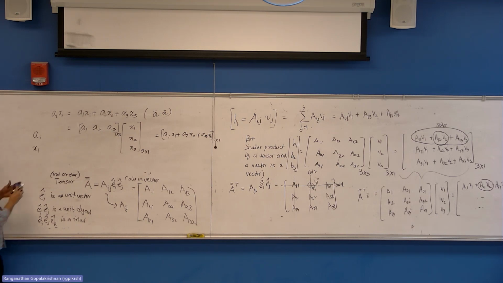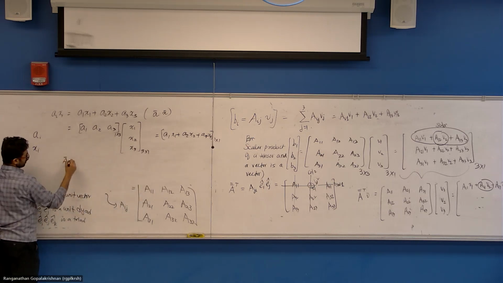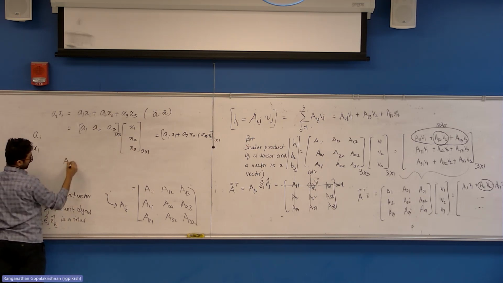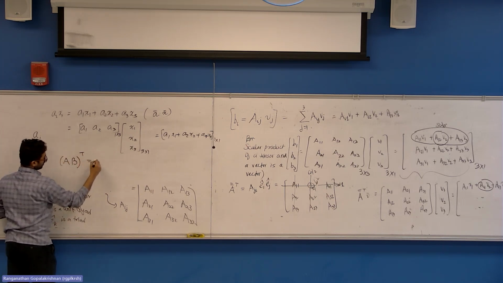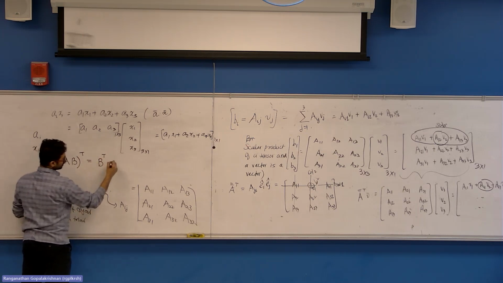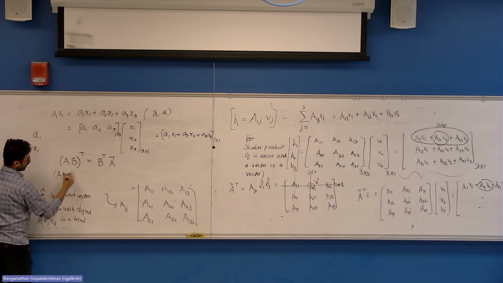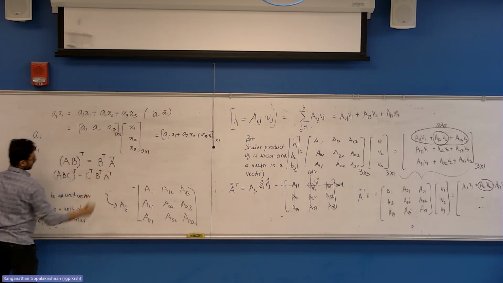So one of the properties of this transpose operation that we saw: you have a matrix A multiplied by B. And if you want the transpose of that, this will be equal to the multiplication of the same quantities but in reverse with the transpose. ABC transpose is C transpose B transpose A transpose.